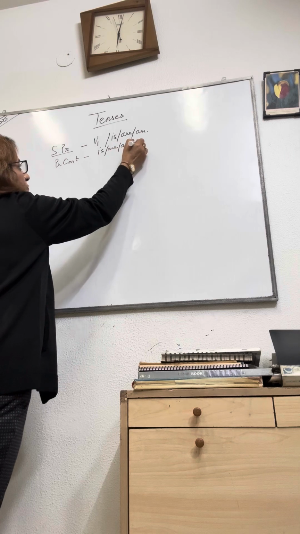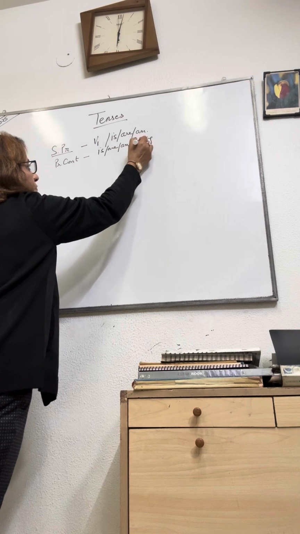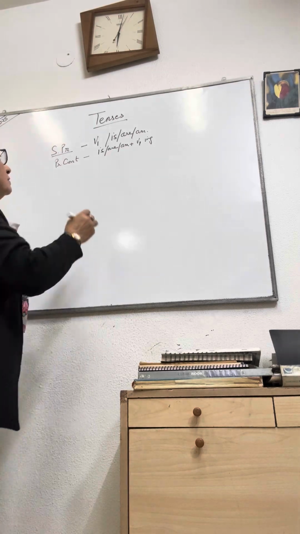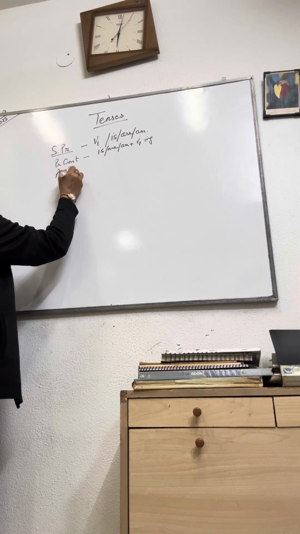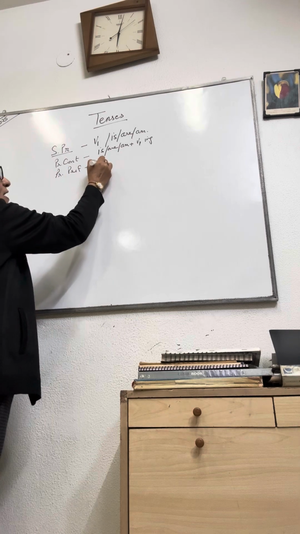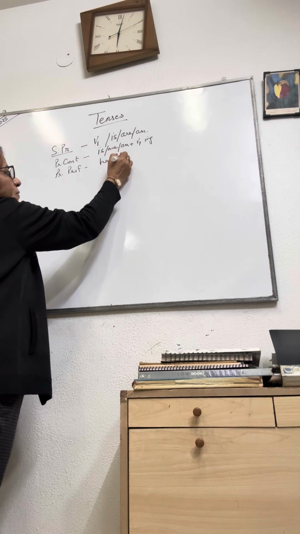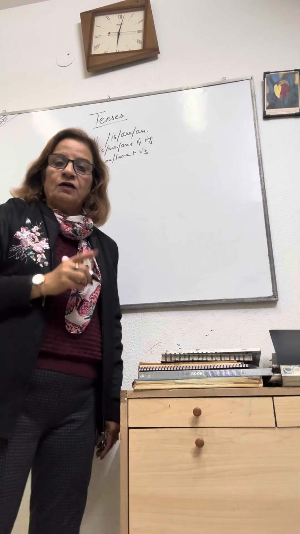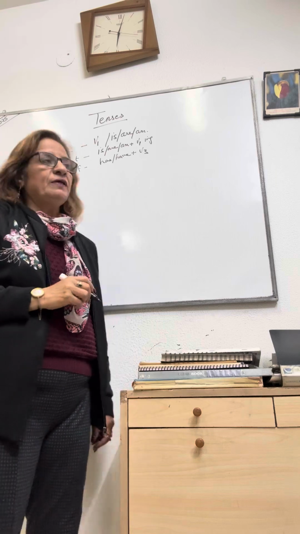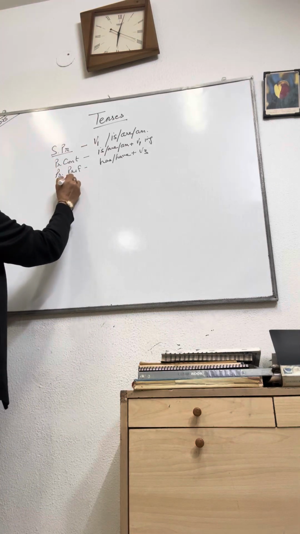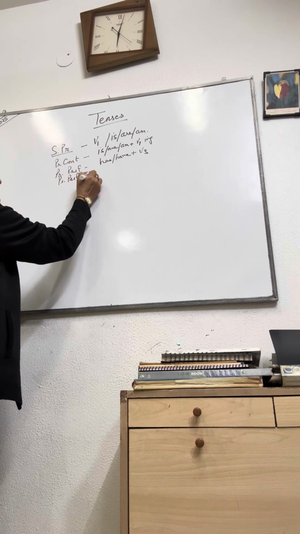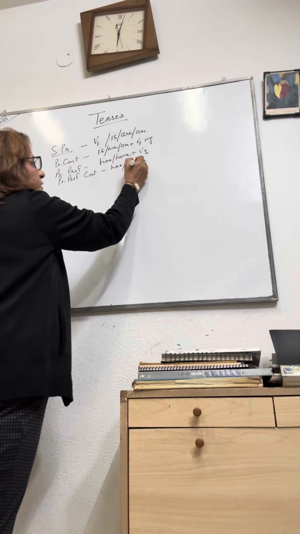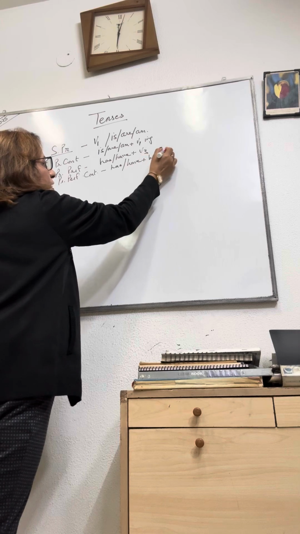Then comes present continuous. Present continuous is is, are, am plus V1 ing. Then present perfect is has, have plus V3, verb in the third form. Then present perfect continuous is has, have plus been plus V1 ing.